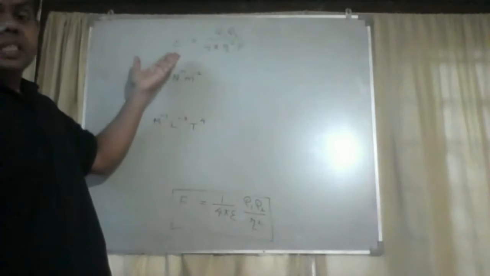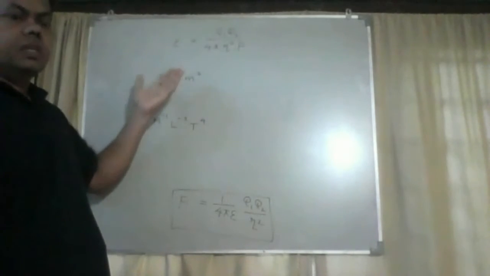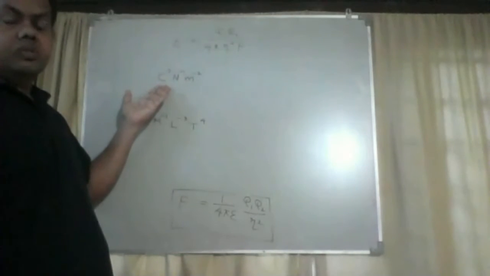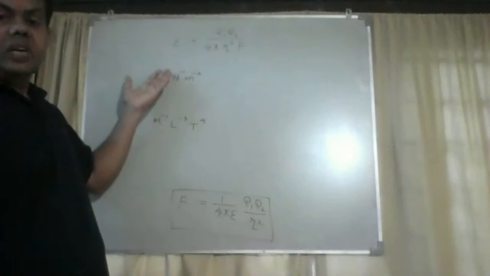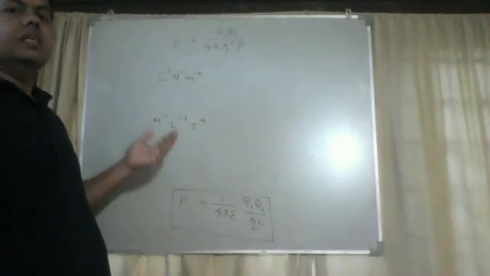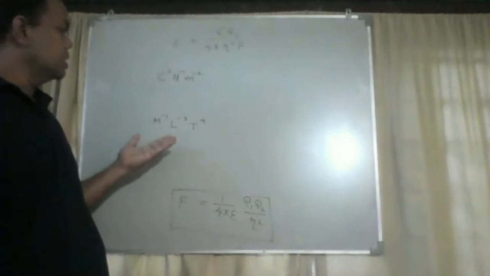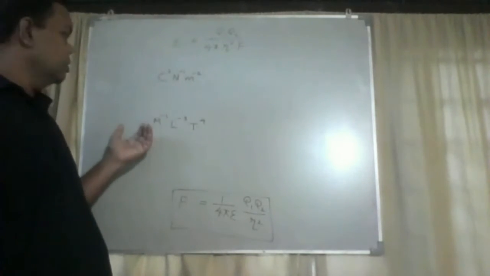By making epsilon the subject, we can derive this relationship. SI units of epsilon is therefore coulomb squared per newton per meter squared. Dimensions of epsilon is M minus 1, L minus 3, T to the power 4, I squared.